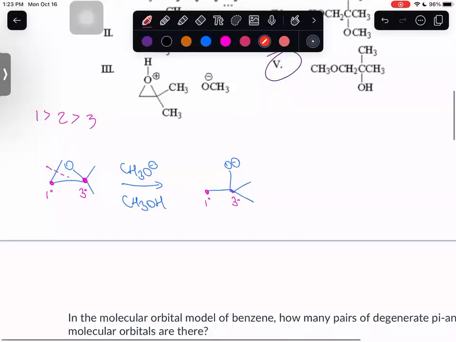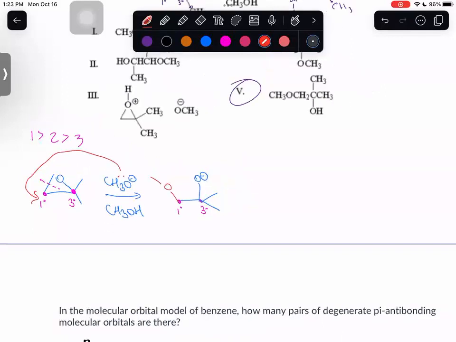Now, on the primary carbon, remember that the base is also gonna act as a nucleophile. So we're gonna do a nucleophilic attack, which means that it's gonna get connected in there. So now I have an oxygen with a methyl group. Now, after that, we know that the very last step is just gonna be with our little solvent. So everything can be neutral.